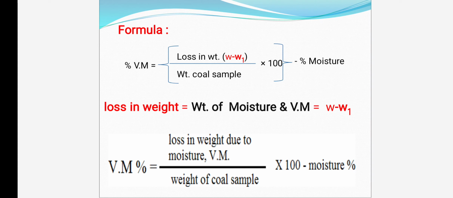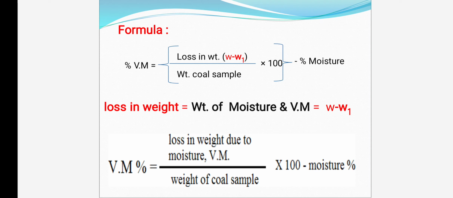Just see the middle line. Loss in weight, dear students, is equal to the weight of moisture plus the weight of volatile matter. The loss in weight is because of two components, moisture and volatile matter, because without removing moisture we are directly heating in the muffle furnace at 925 degrees Celsius.